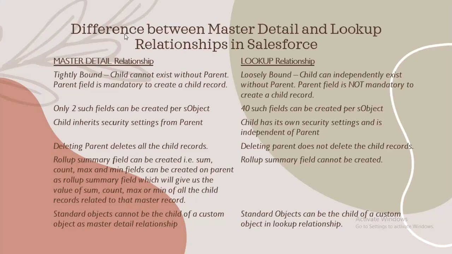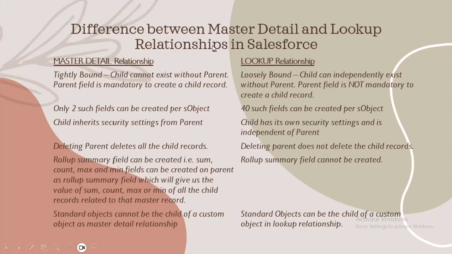Then the next difference is only two such fields can be created per S object. So on an enrolled student S object, I can just create two master detail relationships. In a lookup relationship, there can be 40 such fields. Then in master detail relationship, child inherits the security settings from the parents. So in master detail relationship, child will have exactly the same security setting as that of the parent.